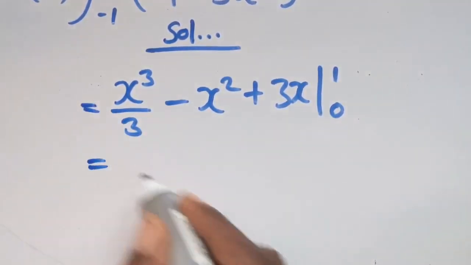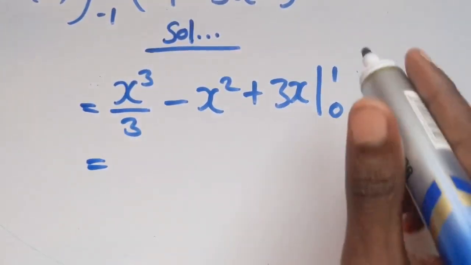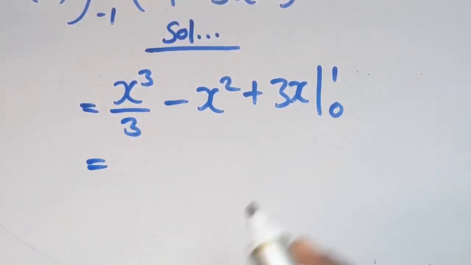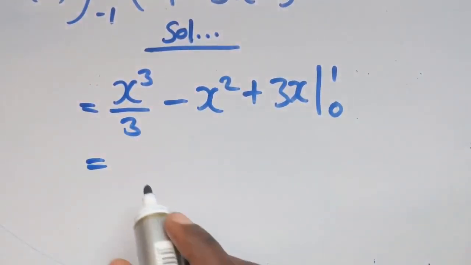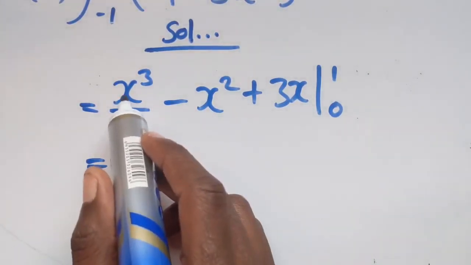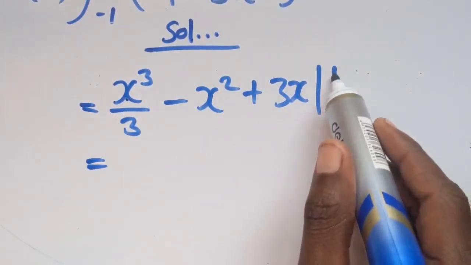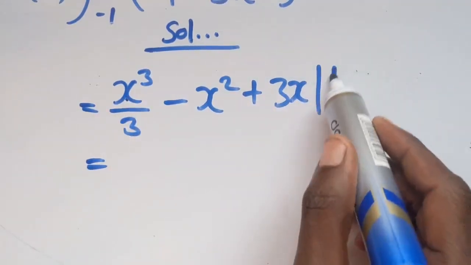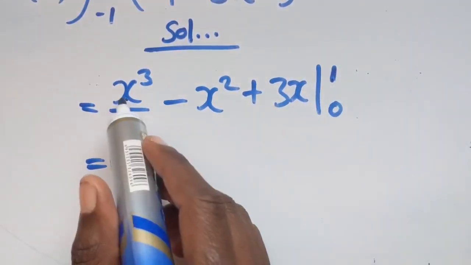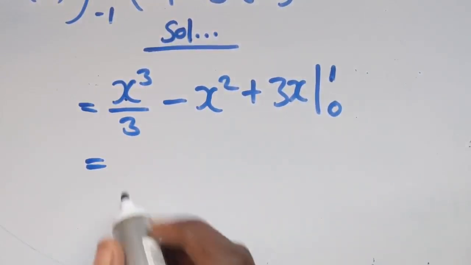We are going to say it is equal to, now after you are done doing this, you need to make use of the limits that you have there. So now we are going to say where there is x, you substitute 1. Wherever you are seeing x, you put a 1.